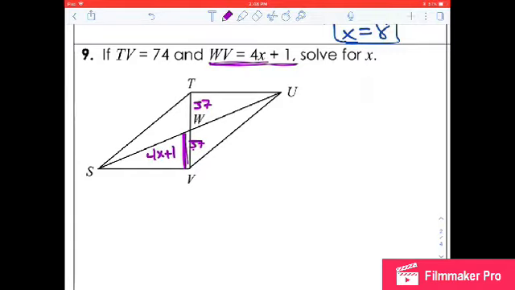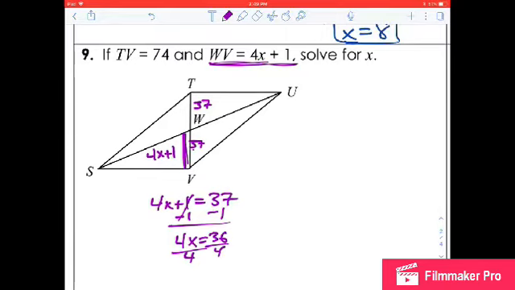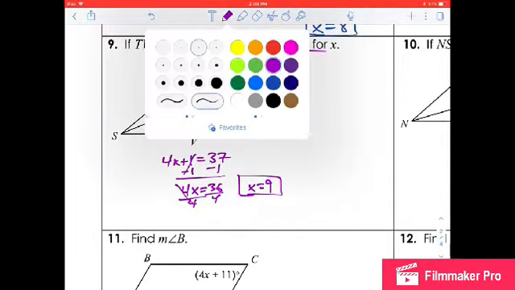So what we can do is say 4x plus 1 equals 37. Or you could also say 4x plus 1 plus 4x plus 1 equals 74, and that would work too. Either way, we're going to get the same answer. Subtract 1, get 4x equals 36. Divide by 4, x equals 9. Solve for x. We didn't have to do anything else.